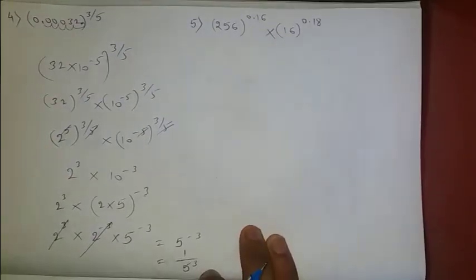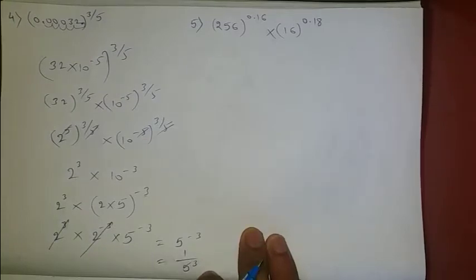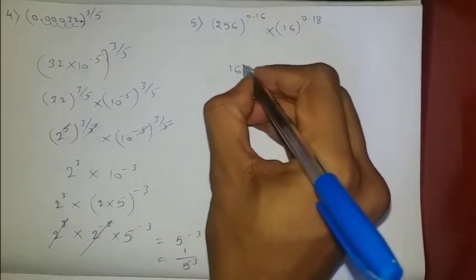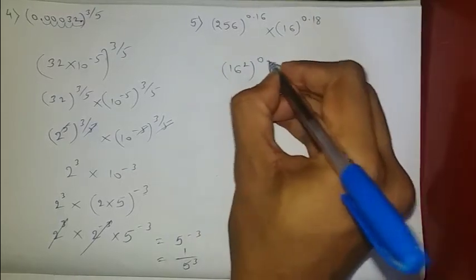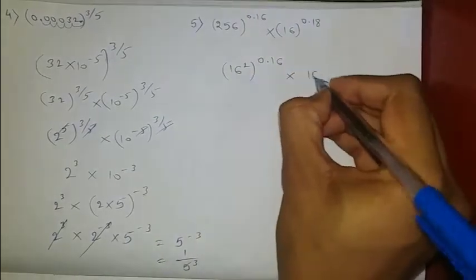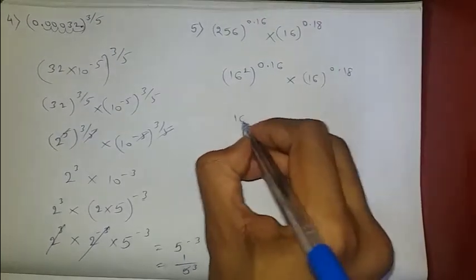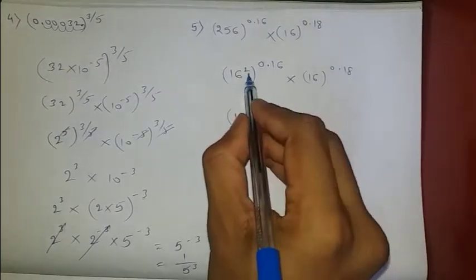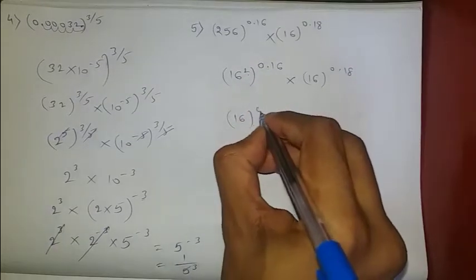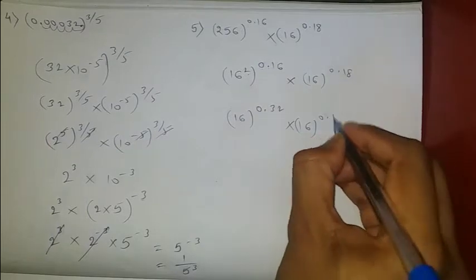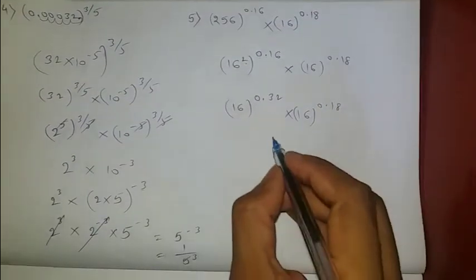What is the value of 256^(0.16) × 16^(0.18)? 256 can be written as (16^2)^(0.16) × 16^(0.18). 16^(2 × 0.16) = 16^(0.32) × 16^(0.18).